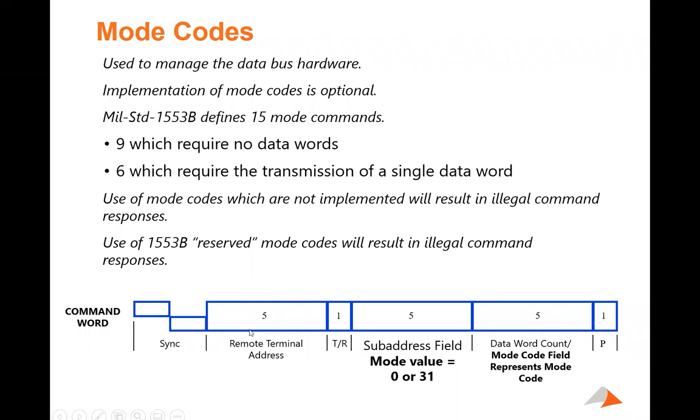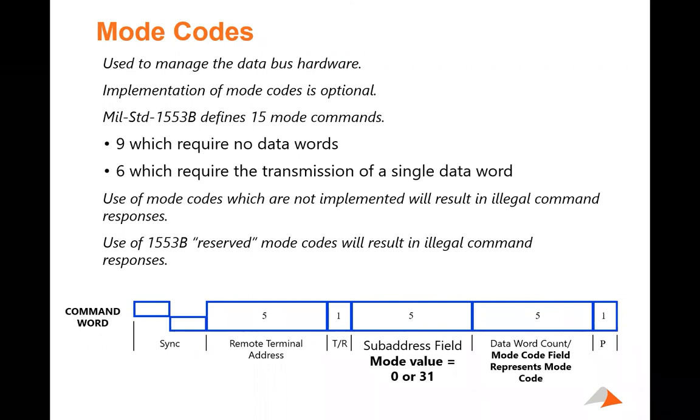In the command word, you'd have the remote terminal, you'd have the T/R bit, and then you'd have a subaddress. The subaddress defines when a mode code is implemented instead of a standard message. The subaddress field would have to be all zeros or all ones. That was a really early implementation differential.